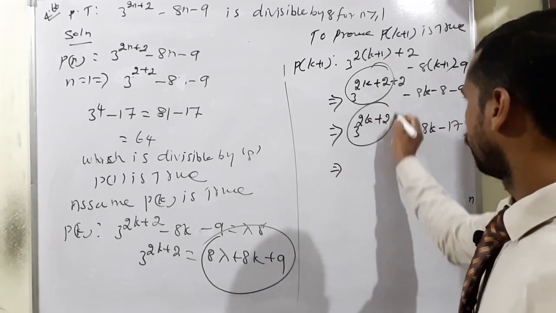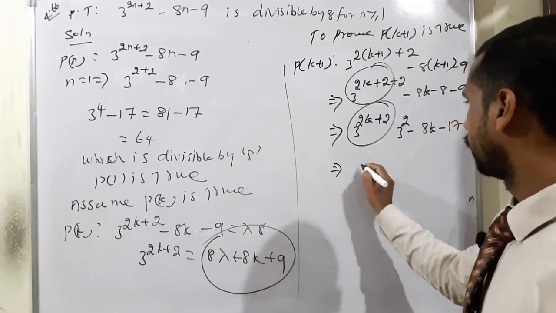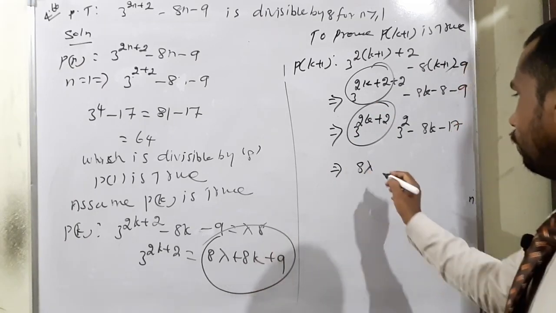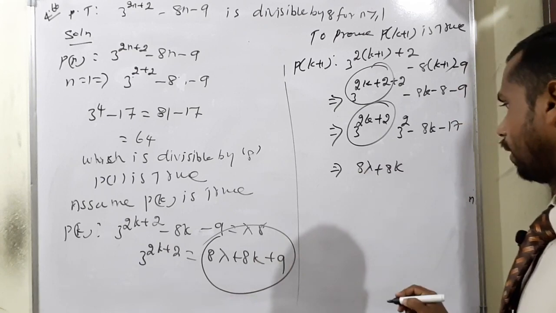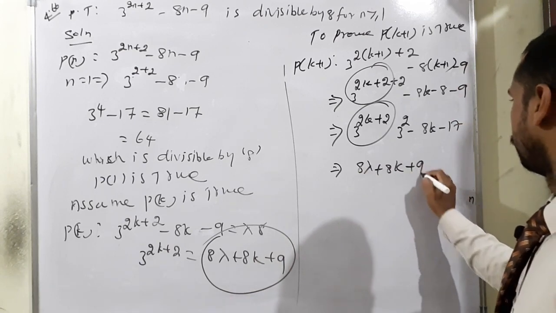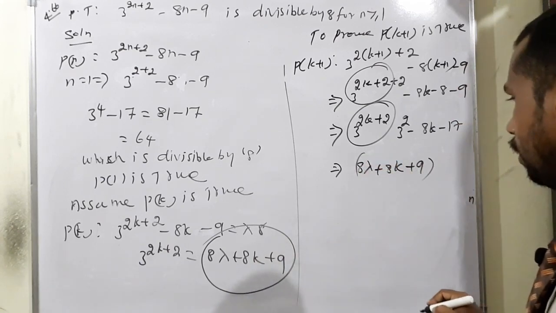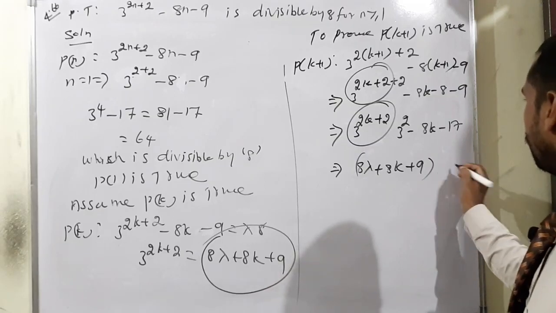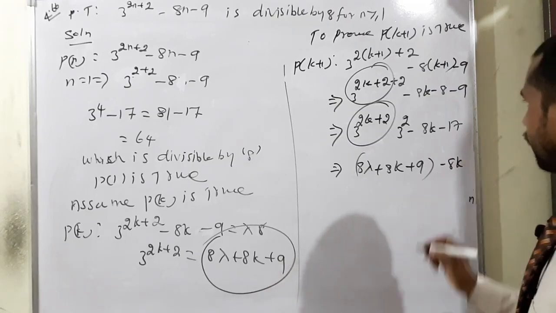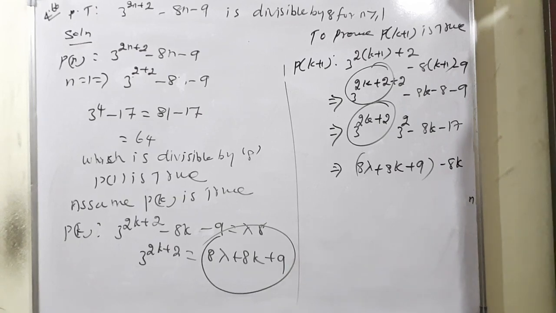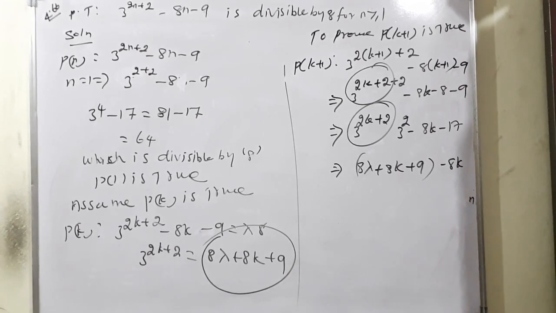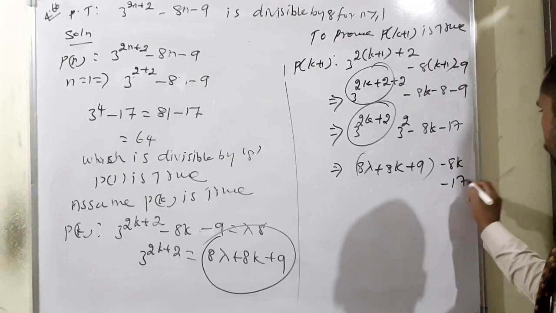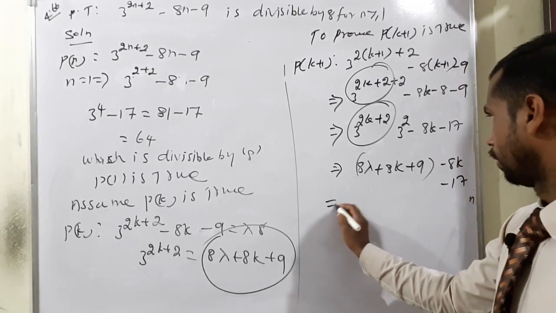Therefore, instead of 3 to the power 2K plus 2, we can write 8 lambda plus 8K plus 9, minus 8K minus 17. Now, what is the meaning?